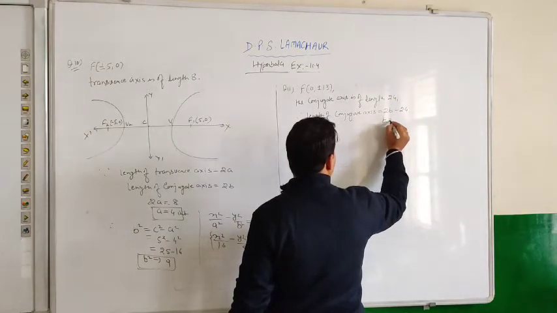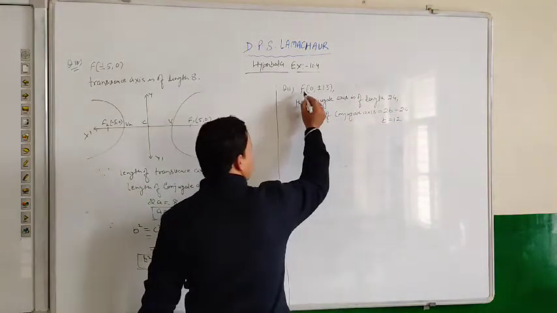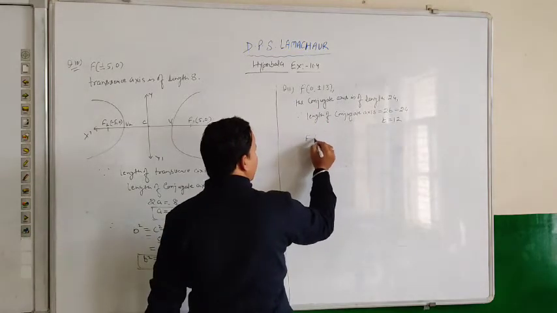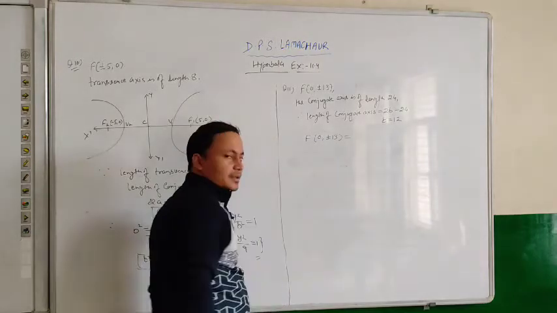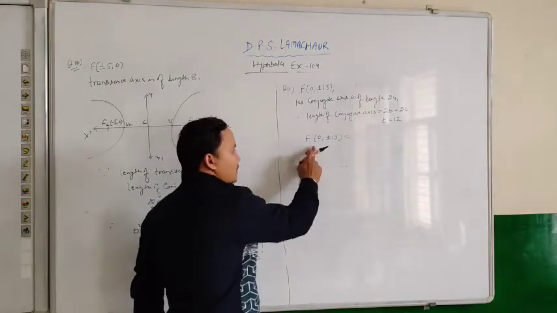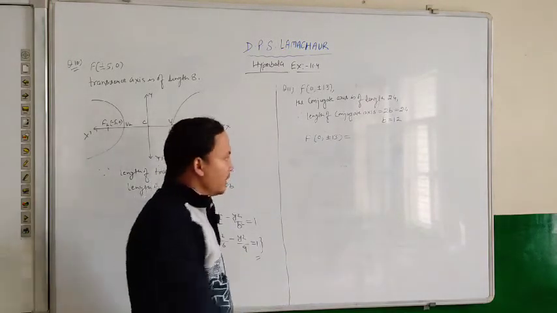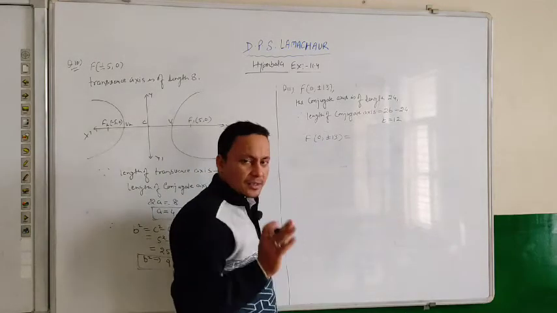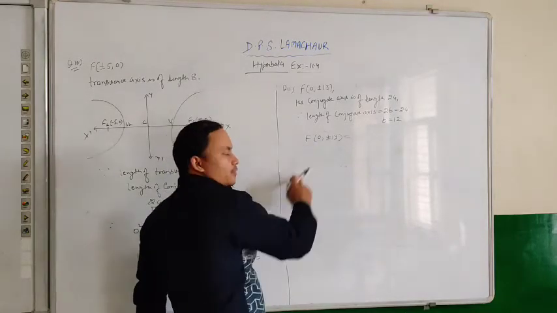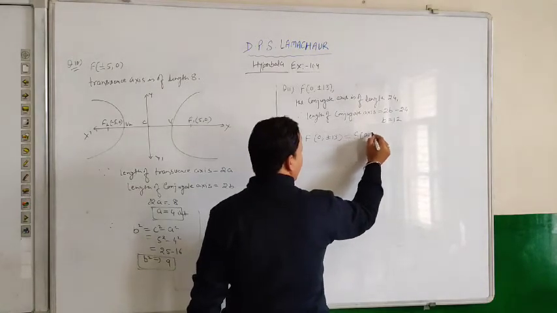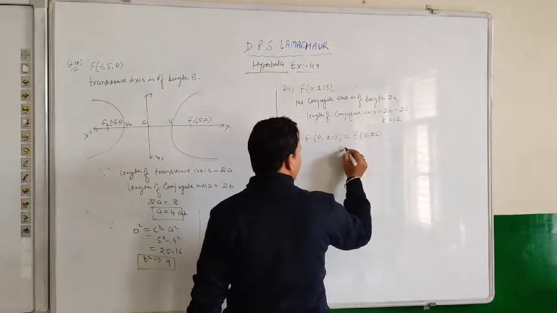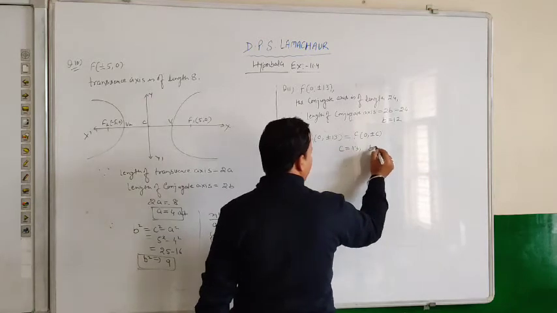So, the value of b is equal to 12, and since focus is given as 0 comma plus minus 13, you can clearly see the x coordinate is 0 and y coordinate is plus minus 13. So, our focus is lying on y axis. So, we will compare it with focus 0 comma plus minus c. So, the value of c is 13 and value of b is equal to 12.